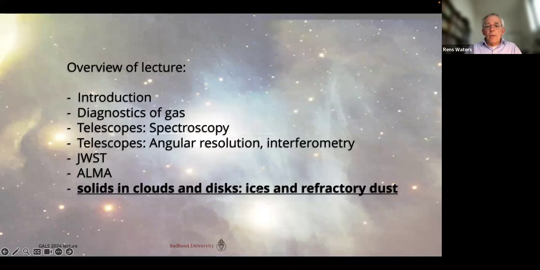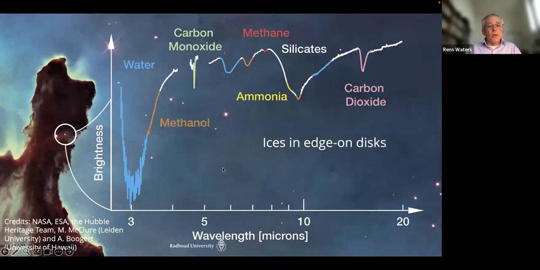So that was a bit about the basics of scattering and absorption of dust particles and opacities. Now let's dive into ices and refractory dust. Taking it from the molecular clouds, here you see a spectrum of a background object which is in front of a cold molecular cloud in which you have a lot of ices. This is actually still a pre-James Webb spectrum, but I think it shows the point.